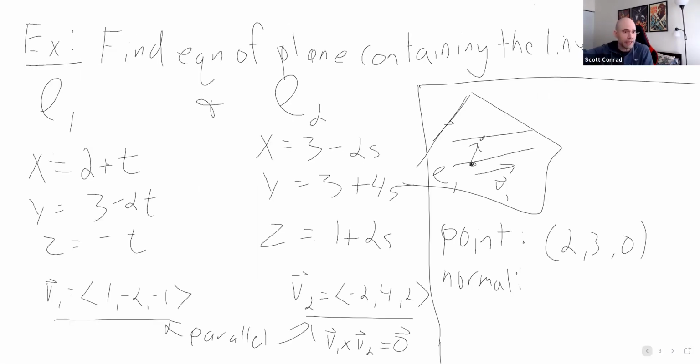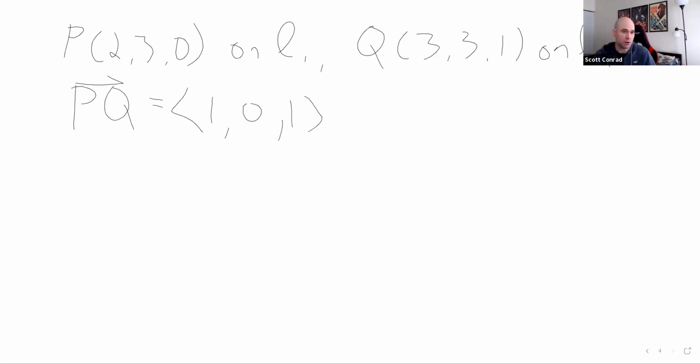It's from one point in the plane to another point in the plane, always going to be parallel to our plane. And that is not parallel to the vector 1, negative 2, negative 1, which we know is parallel to our plane because it's the direction vector for our line.